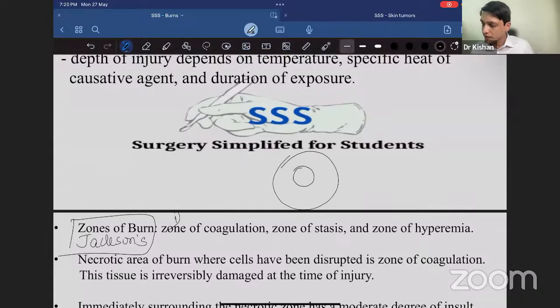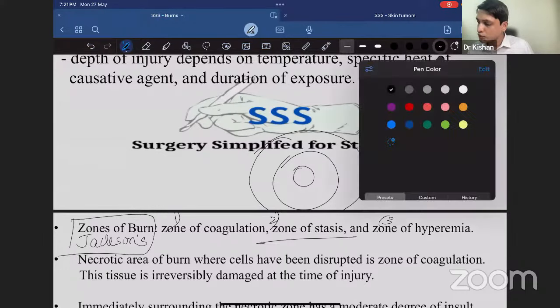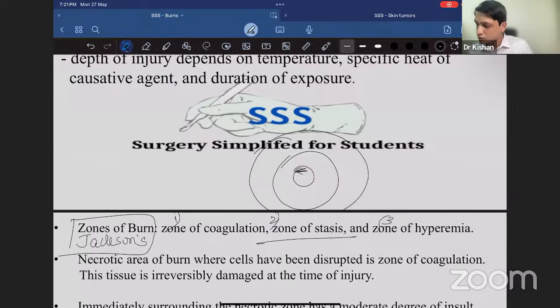The middle one is the zone of stasis. And the third one is the outermost one, that is the zone of hyperemia. So first one, the innermost one is the zone of coagulative necrosis.